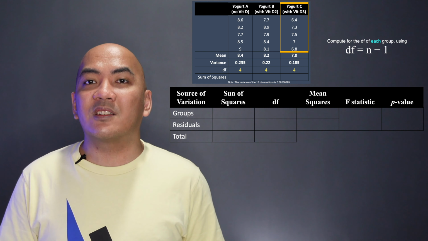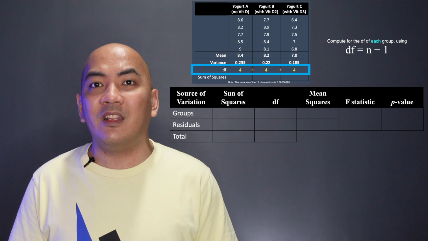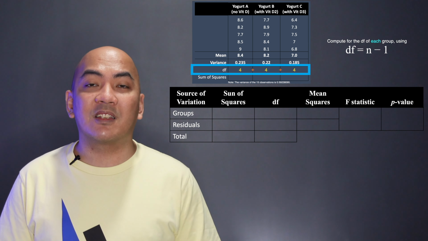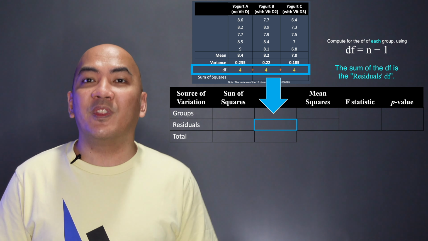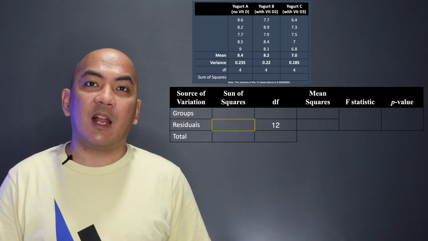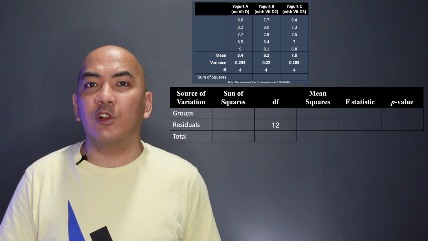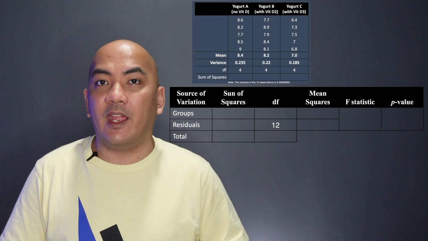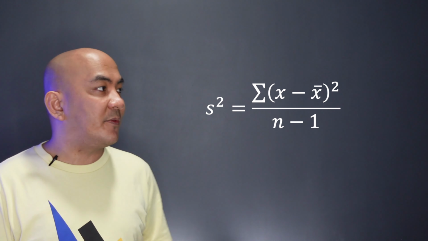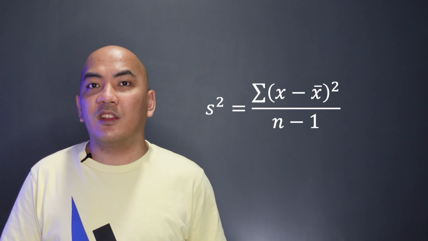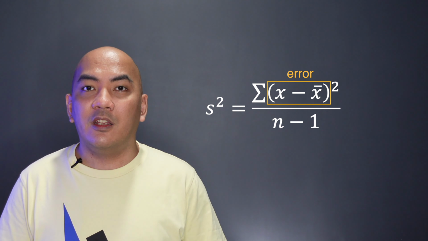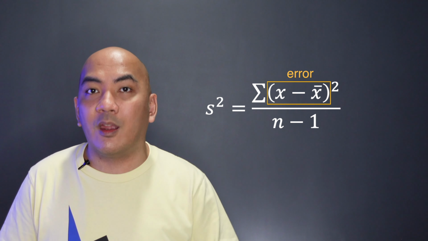Then all we have to do is add those 3 degrees of freedom. We have 4, 4, and 4, in which the sum is 12. So the DF of the residuals is 12. As for the sum of squares of the residuals, which is also known as the sum of squares of the error, since we know that the variance is computed using this formula, what you notice is that the numerator there, which is x minus x bar, is also what we call the error.